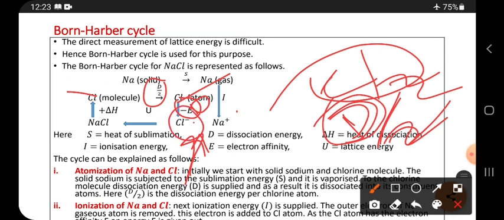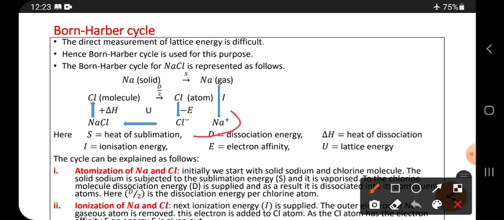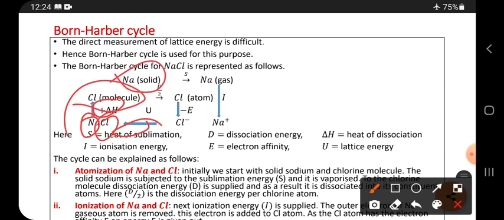Now the sodium ion and chloride ion combine to form sodium chloride. Again, if you apply heat energy, they are converted back into sodium in solid state and chlorine in molecular state.